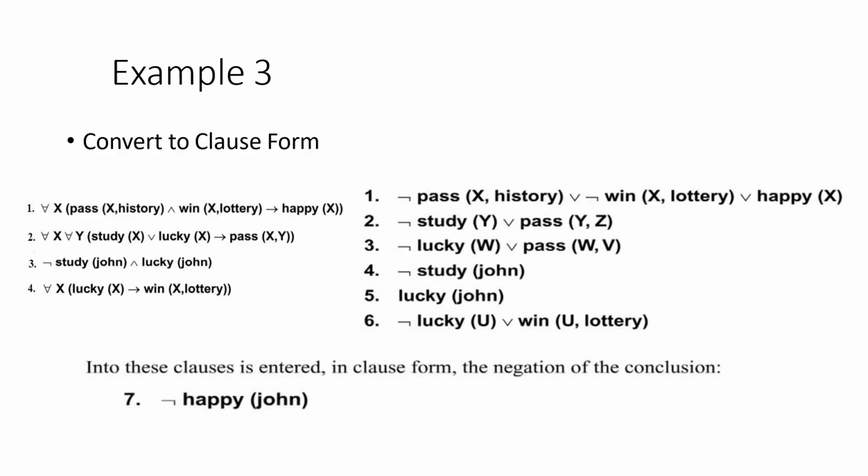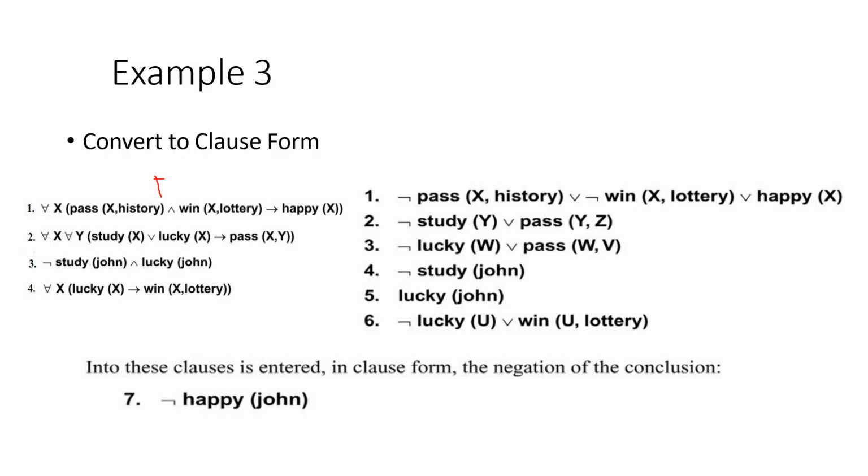Now we can convert this into clause form, so we will see how. First, for all x, pass x comma history and win x comma lottery implies happy x.